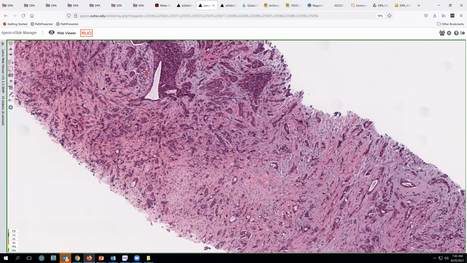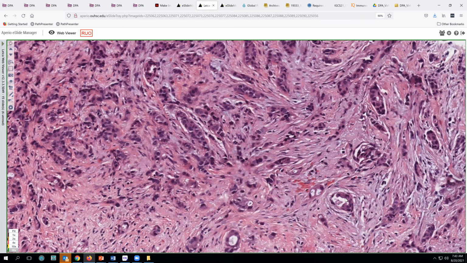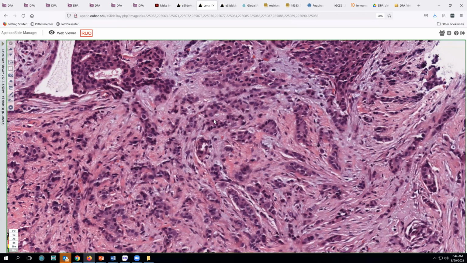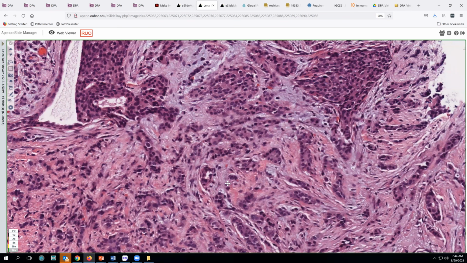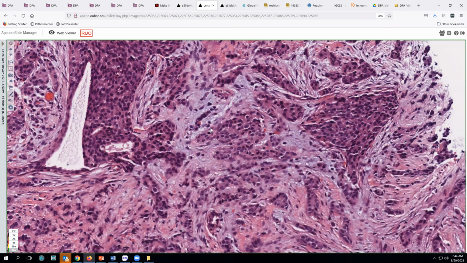We also look at, of course, the nuclear features, and evaluating this case, we see a mild degree of nuclear pleomorphism. So I think this case would also fall into the grade 2 nucleus category. And then mitotic scoring would be done as well. And this had a low mitotic index.